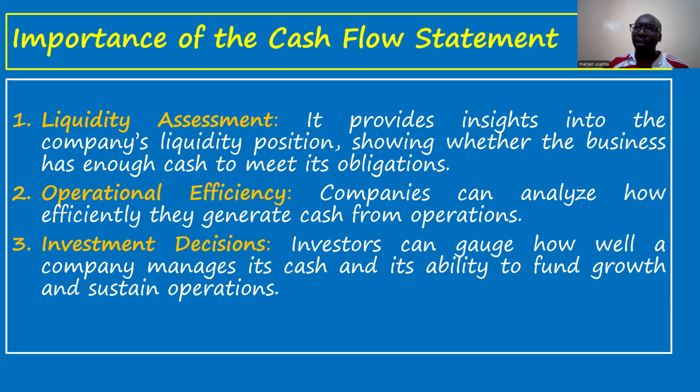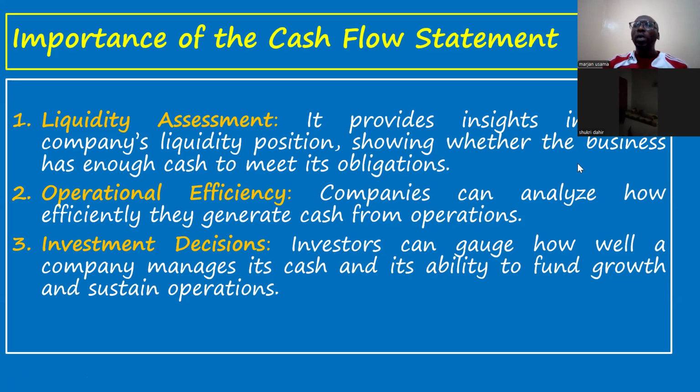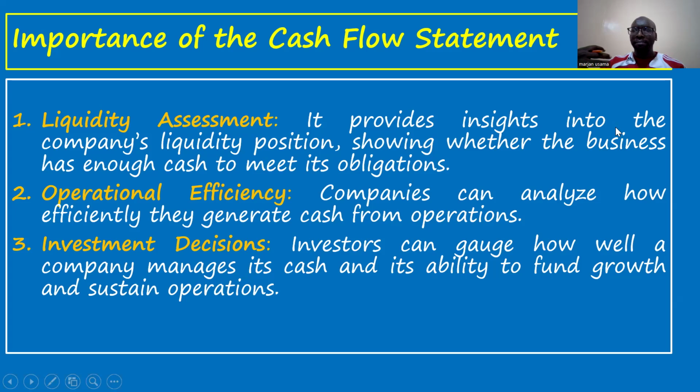So the cash flow statement will help us to know which operations are bringing in a lot of money and which operations are redundant, which operations are not helping us.